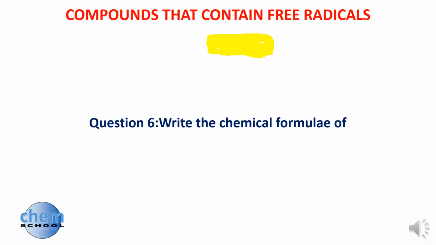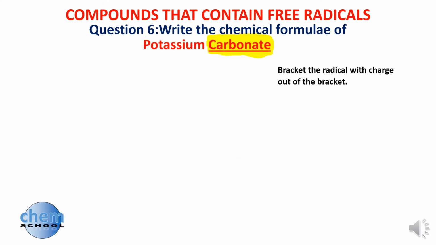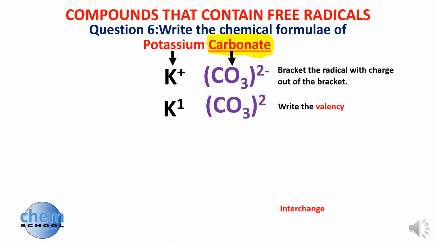Our second example becomes potassium carbonate. Again, potassium is a metal with a predictable valency, while the carbonate is a radical. So again, we bracket the radical correctly with the charge out of the bracket. We write the valency, then we interchange as usual.